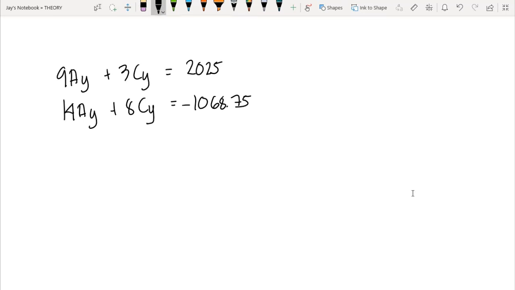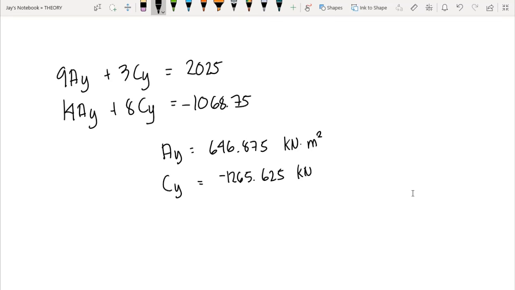So by using your calculator, actually you can get AY is equal to 646.875, and the unit would be in kilonewton square meter. Okay? And our CY here is equal to negative 1265.625 kilonewton square meter as well.